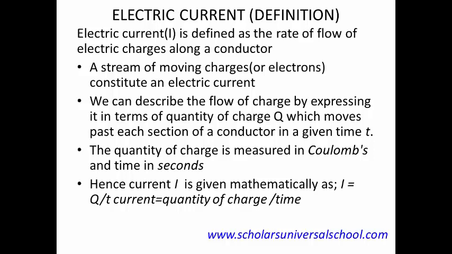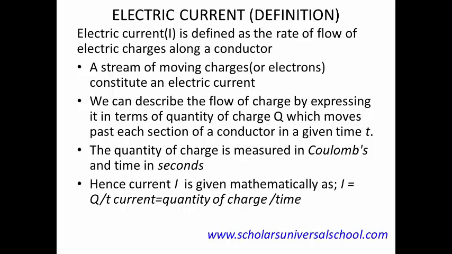Now, mathematically, we can describe the flow of charges by expressing it in terms of quantity of charge and the time it takes for the charge to move along a conductor. We have defined current to be rate of flow of charges. The quantity of charge is measured in coulombs and the time is measured in seconds.